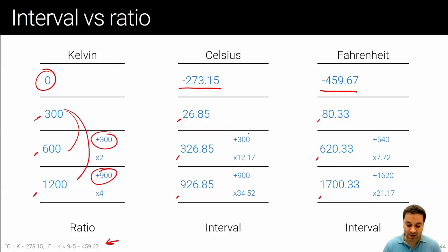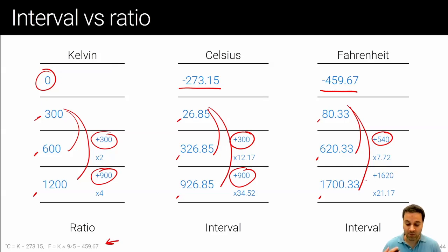Those are exactly the same as we would have in the Celsius scale when going from here to there and from here to there. And likewise here with the Fahrenheit, it's just a different number, but the proportions are the same, 540, and then 3 times as much here with 1620.